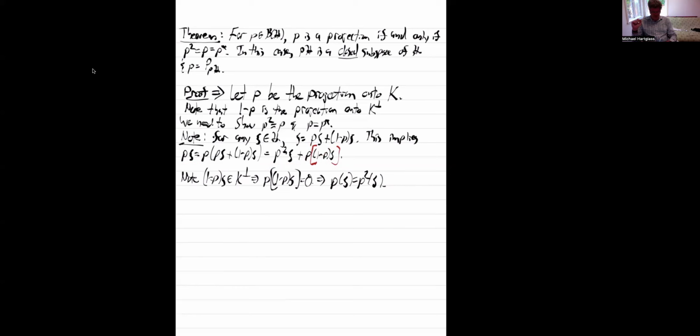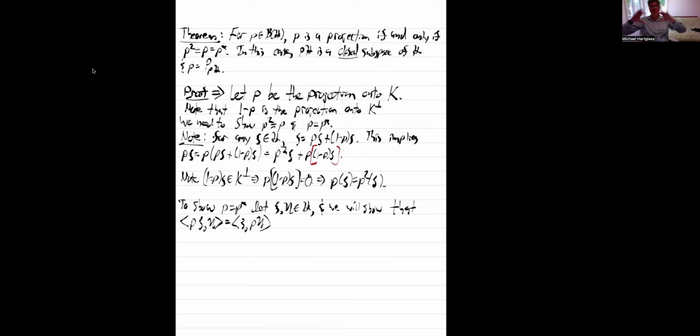Now we need to show it as self-adjoint. So to show that P is P star, we're going to let C and eta be in H, and we will show that the inner product of P C against eta is going to be the same as C against P eta.